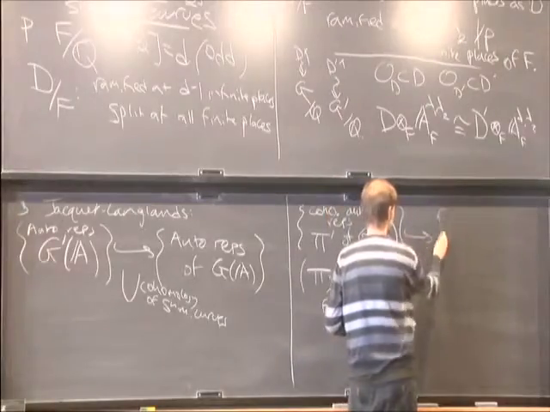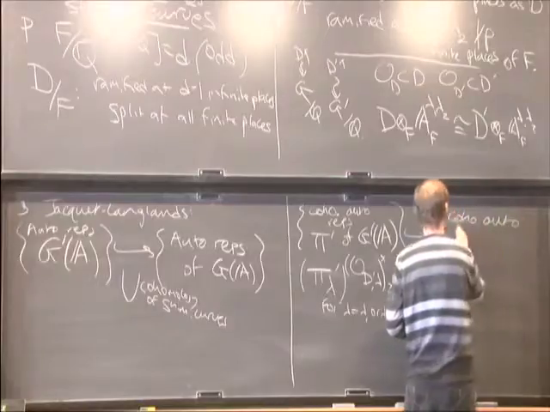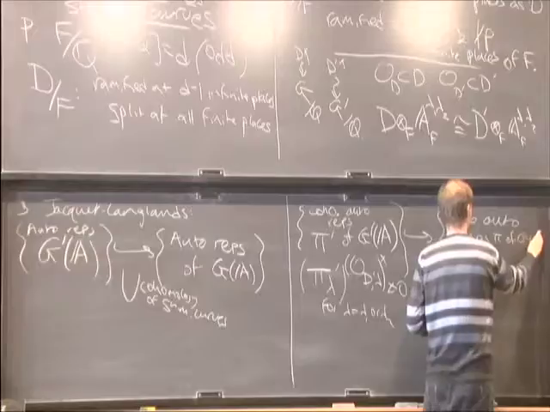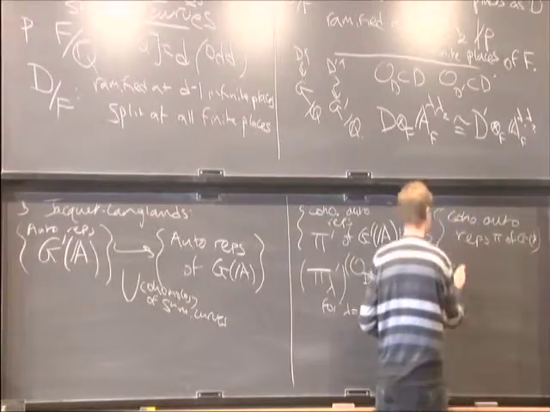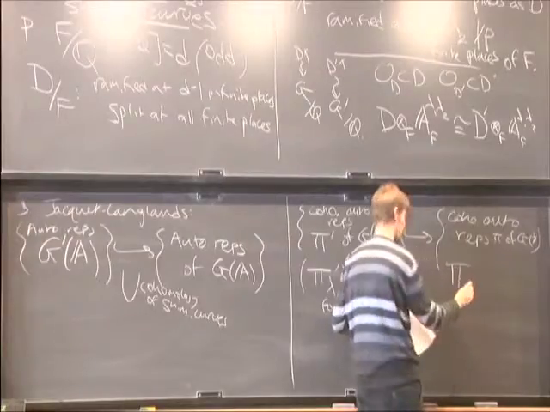And those will map into the cohomological automorphic representations pi of G such that these will have Iwahori level at the places lambda 1 and lambda 2.